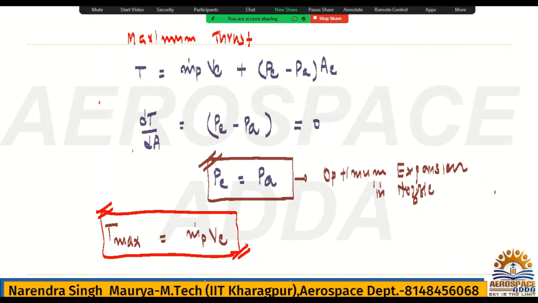If those values change, the condition PE equal to PA will be the same, but the magnitudes will change because PE will change. When the combustion chamber pressure and temperature change, the exit pressure definitely changes. So the altitude at which you achieve maximum thrust will change as per the values in the combustion chamber. Understood?